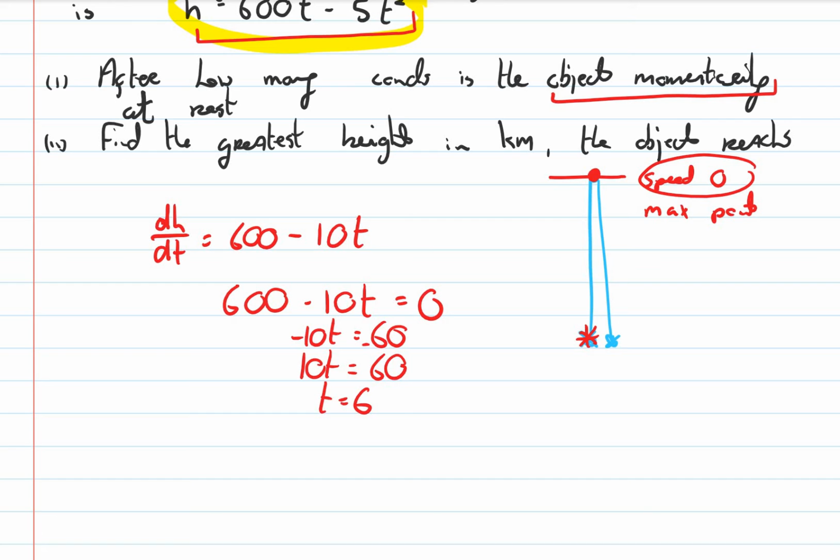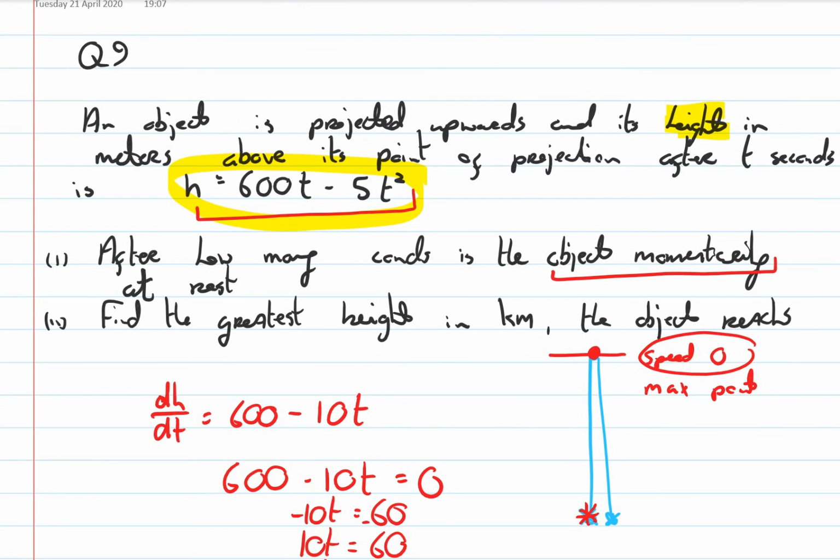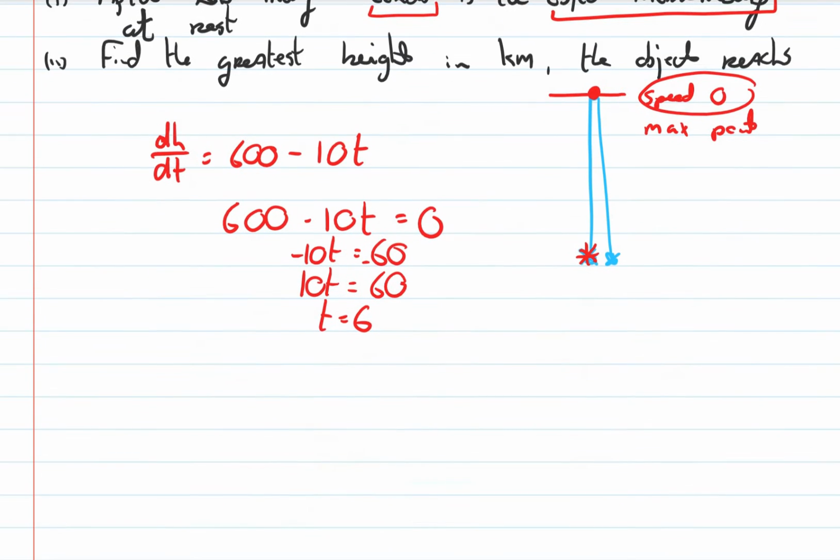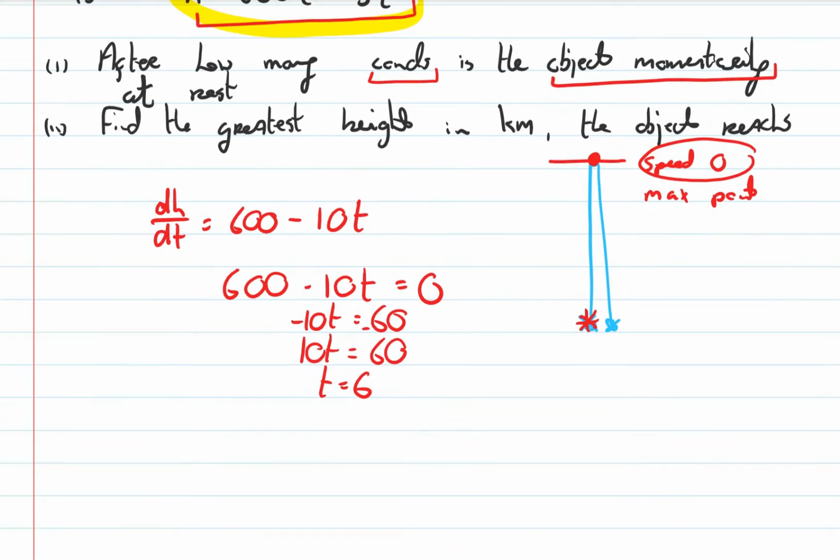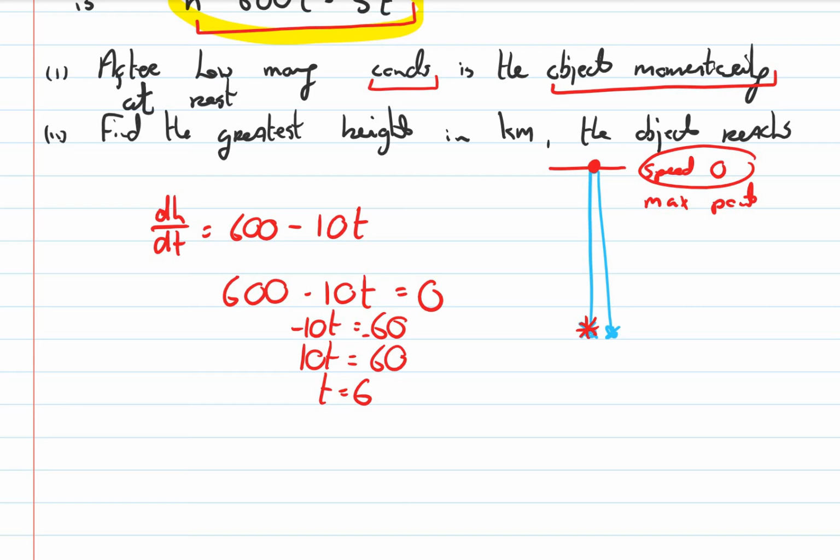So t is 6. So after how many seconds is the object momentarily at rest? After 6 seconds. So it took the object 6 seconds to get up to this point before it stopped.